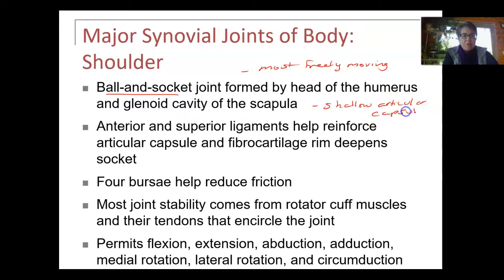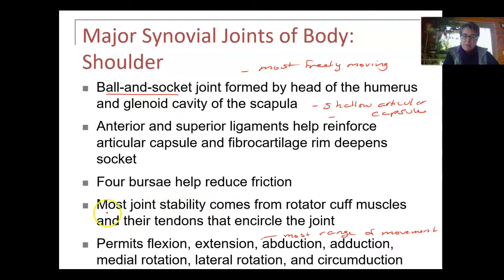It has the most range of movement, and it's a shallow joint.